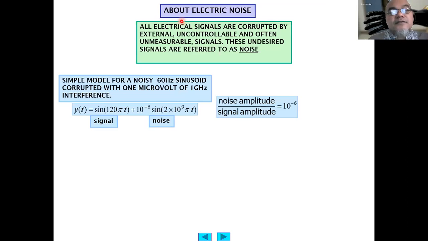So here, for example, a simple model: a noisy 60 hertz sinusoid corrupted with 1 microvolt of 1 gigahertz interference.